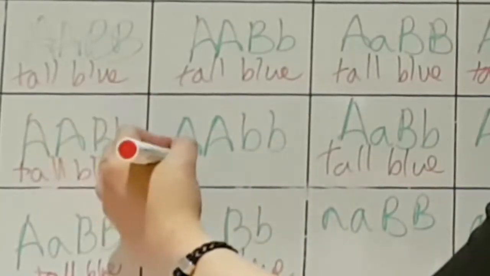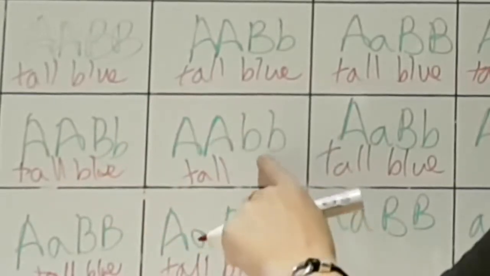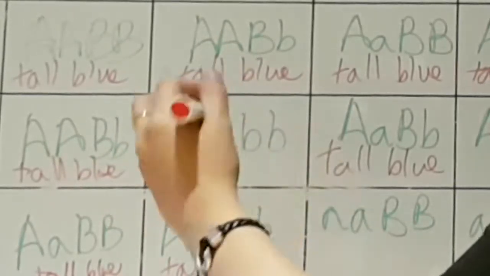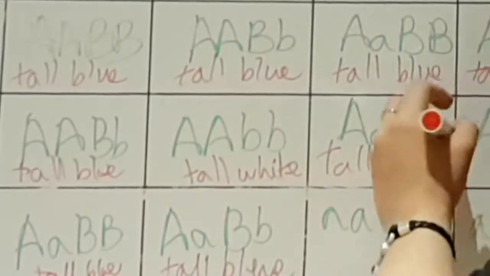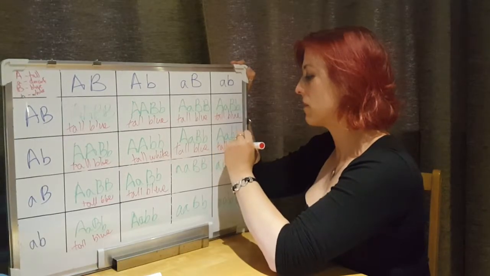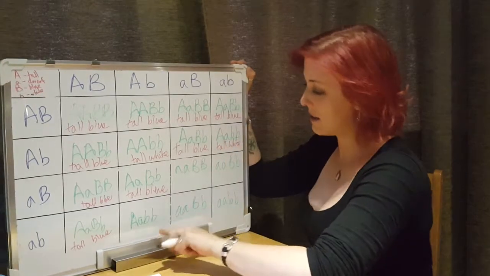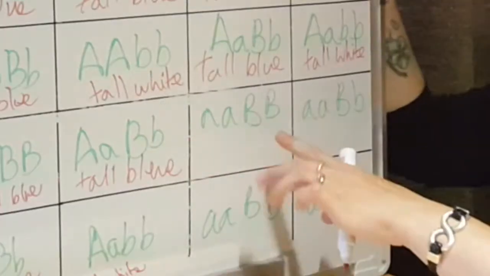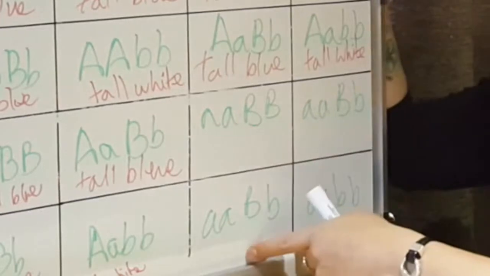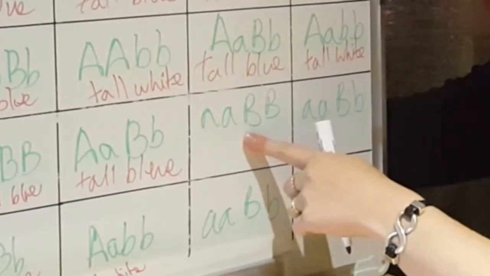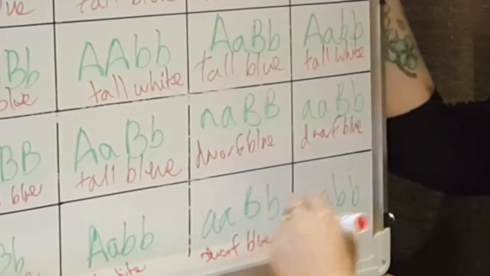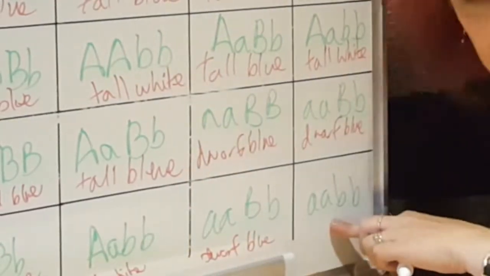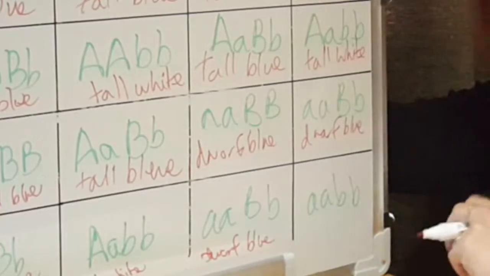So here we've got tall, but it's got 2 copies of the recessive allele, so it will be white. Again here, and down here. These 3 will all be dwarf blue plants. And this one alone will be a dwarf white plant.